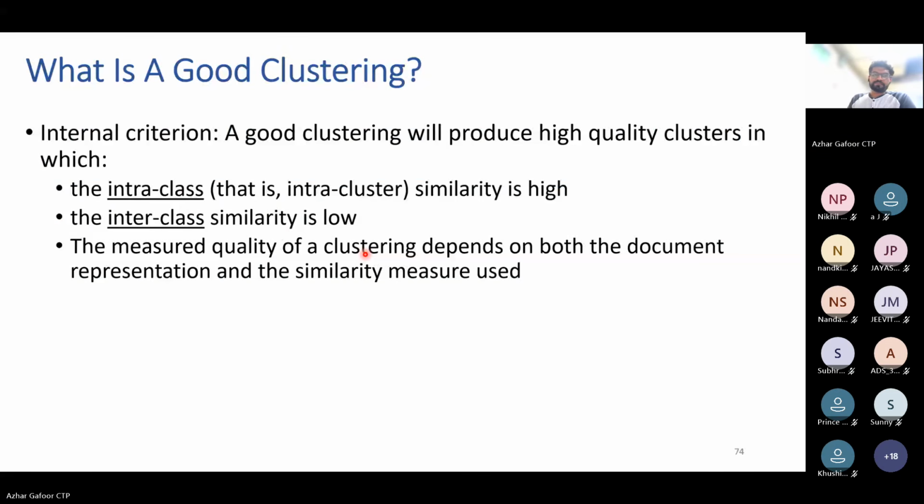Then what actually defines a good cluster? That is another question. So there are metrics for that also.